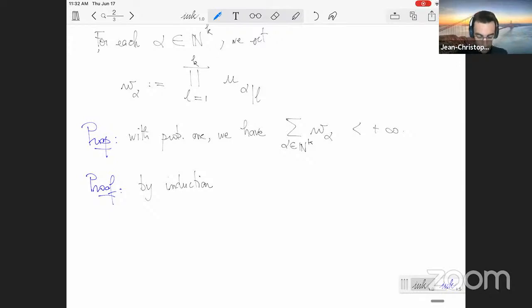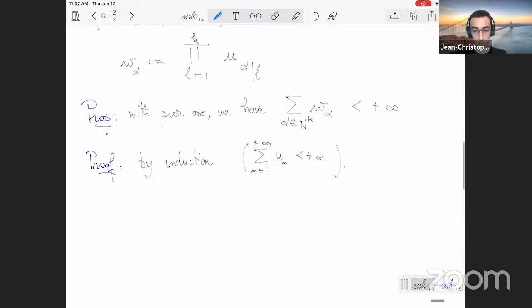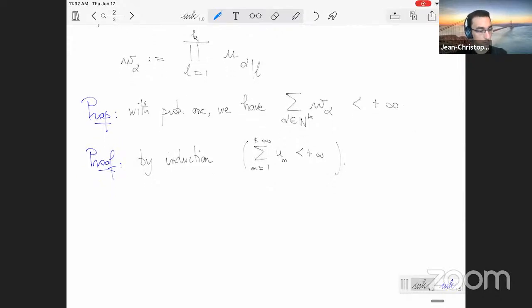And you remember that at least if k is 1, we have seen that this is finite. So this is the first level, and then you have to iterate this on and on. I decided to skip the proof, but it's written completely in the handwritten notes, so you can have a look at it.